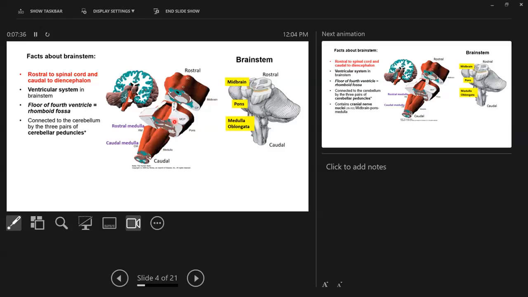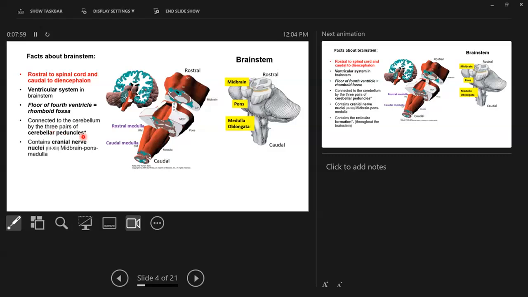We see a cross-section over here, a very prominent lateral bulge, the inferior cerebellar peduncle from medulla. So once again, the three pairs of cerebellar peduncles.